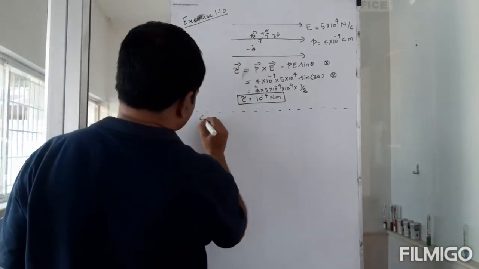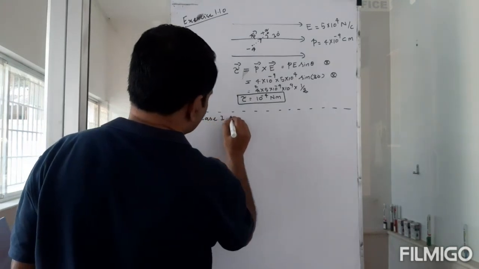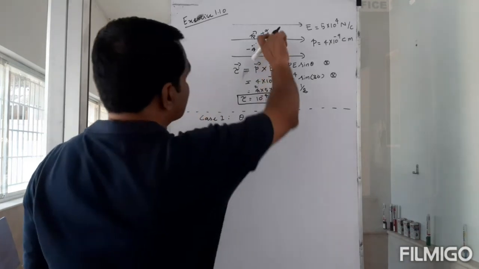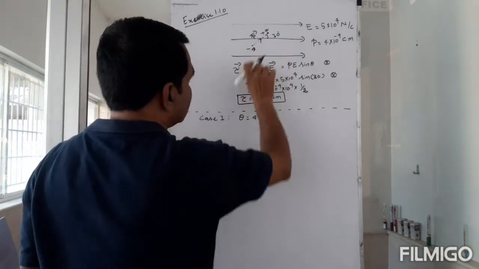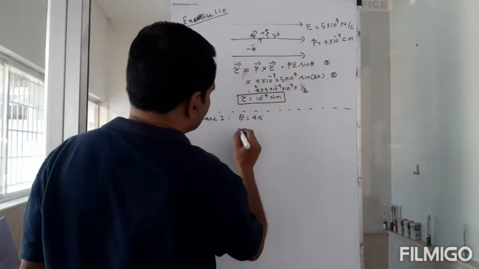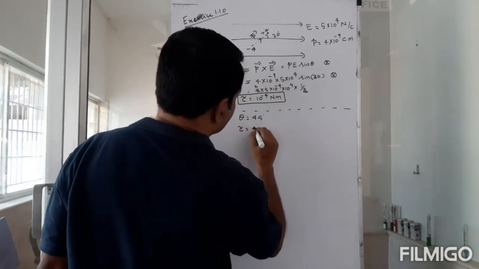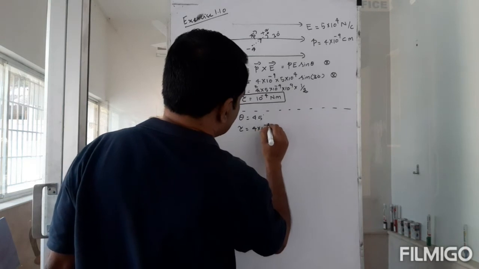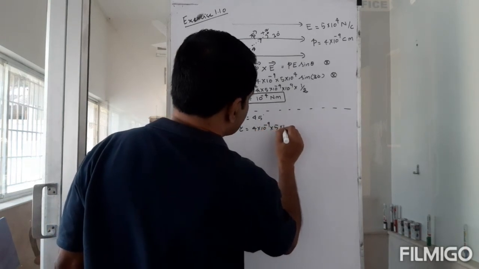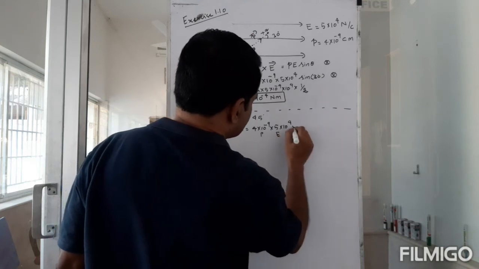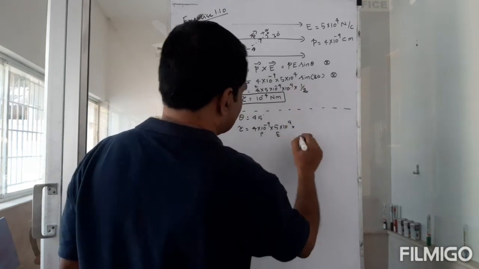Case 1 is when theta is equal to 45 degrees. So when it is making an angle 45 degrees to E, then this will change. What is tau? Tau is equal to 4 into 10 power minus 9 into 5 into 10 power 4, where this is P and this is E. Now we see sine theta, right?